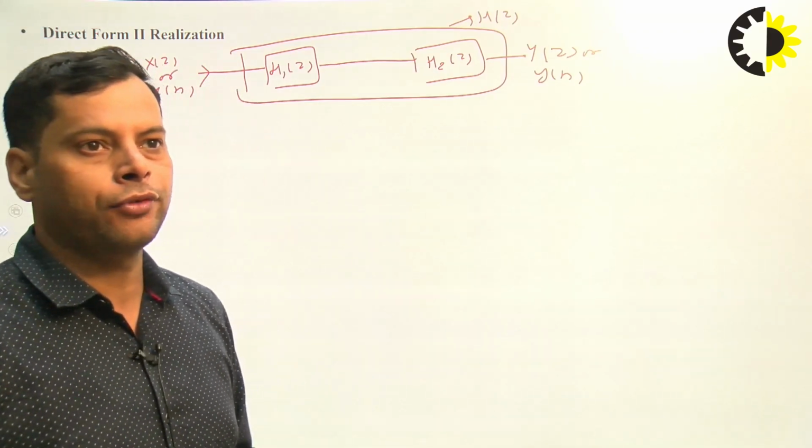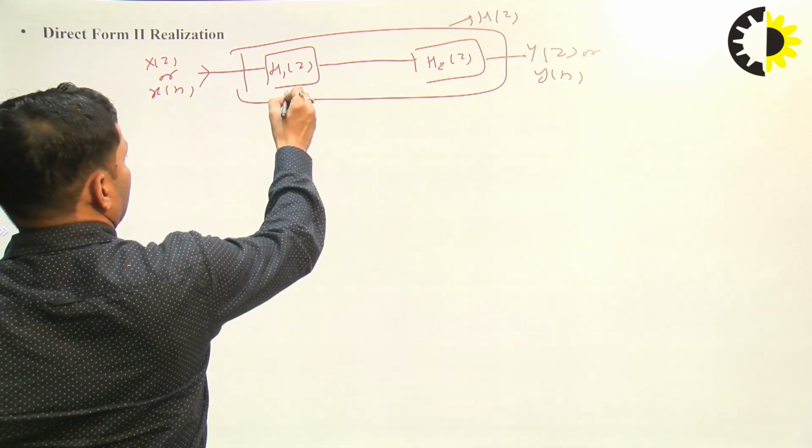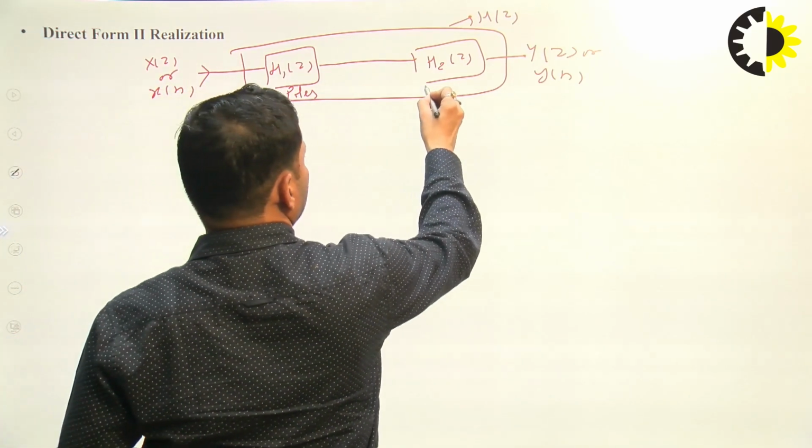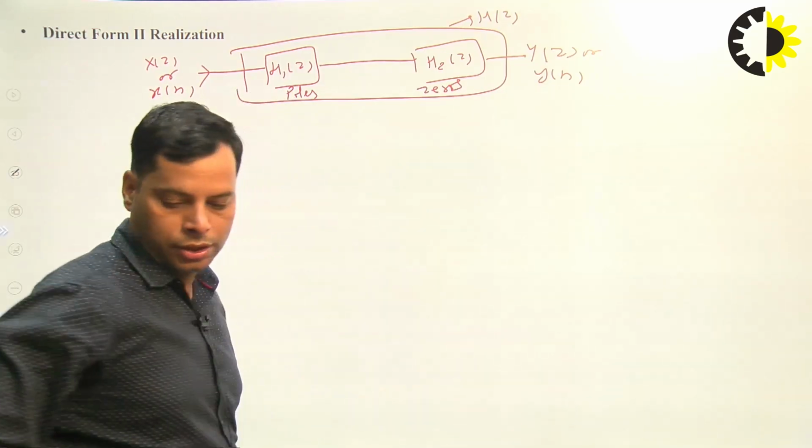But in this direct form 2 realization, the poles will be realized first, then the zeros.